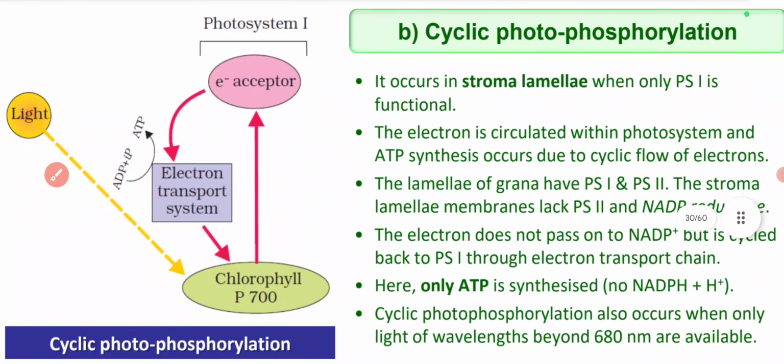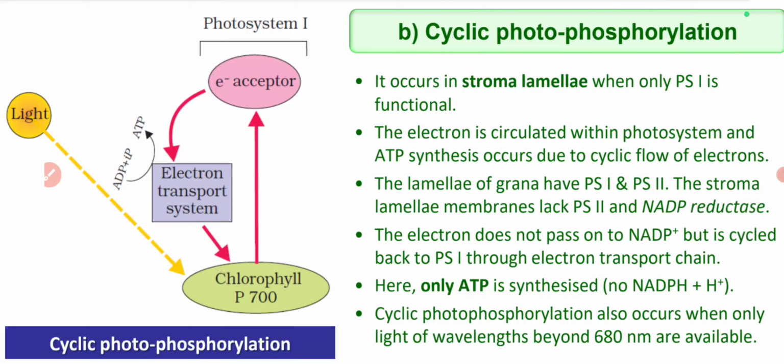Next is cyclic photophosphorylation. It occurs in only photosystem 1. So it occurs in the stroma lamellae when only PS1 is functional. The electrons are circulated within the photosystem and ATP synthesis occurs due to cyclic flow of electrons. The lamellae of grana have PS1 and PS2, but the stroma lamellae lack PS2 and NADP reductase.